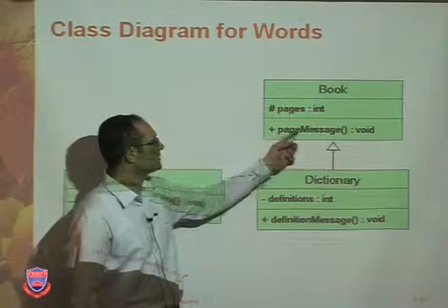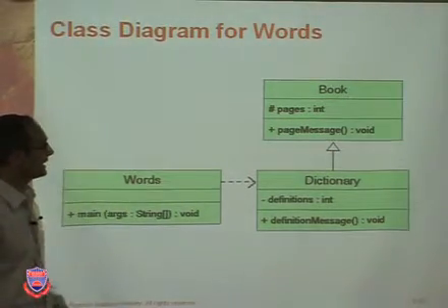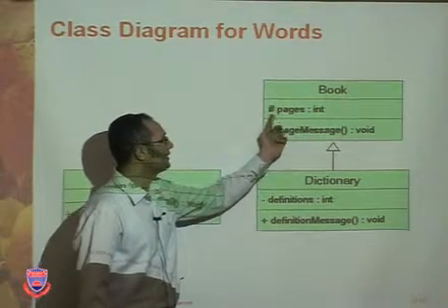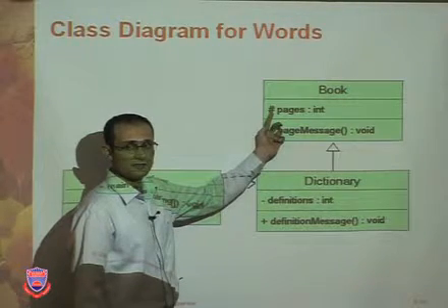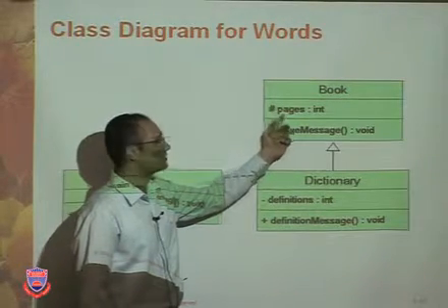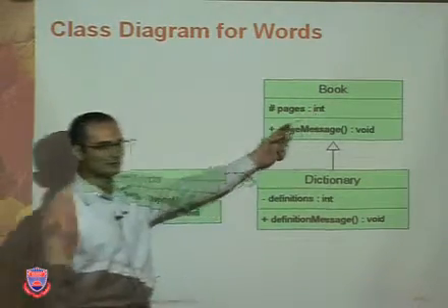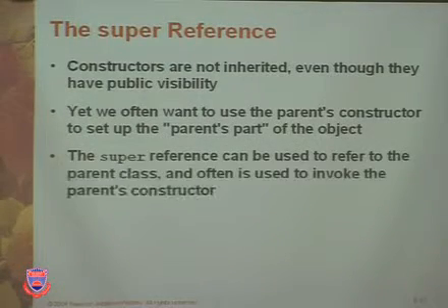And then you have the page message, which is again a public method, void. And then you have the number. What does this indicate? This indicates the protected modifier. So our pages variable is a protected variable, and its type is integer. So this is the UML description of the classes that we had in the example.